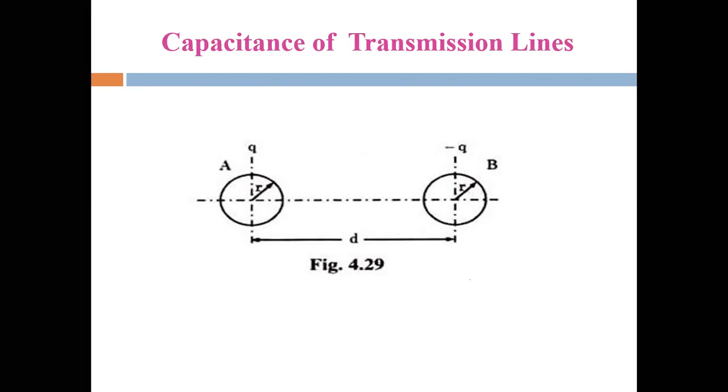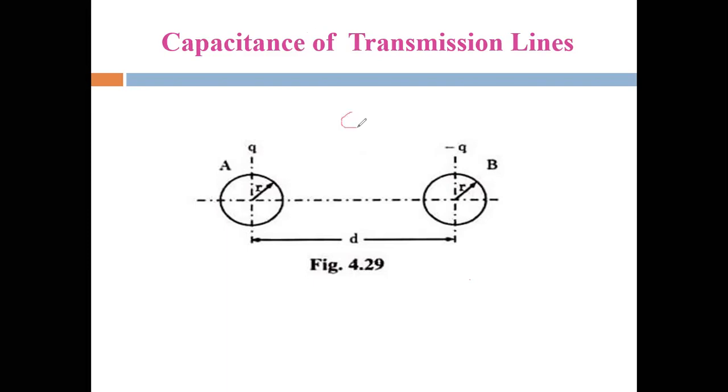Why? Because we are calculating the potential difference. The formula for capacitance is the charge in coulombs divided by the potential difference, that means C is equal to q by v.